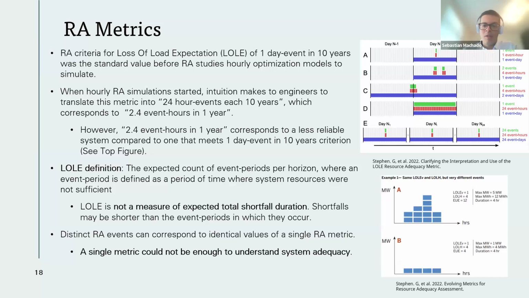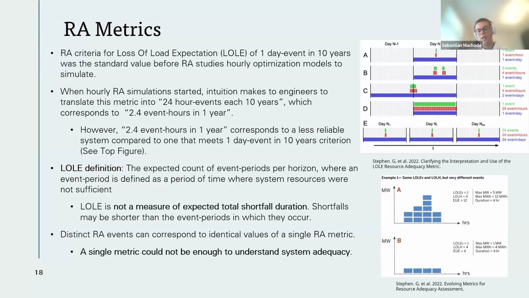And also in the figure below, we have different events that have the same loss of load expectation, but those are actually different events. So the second key takeaway from this slide is that single resource adequacy metrics, such as loss of load expectation, provide useful information, but it's not enough.